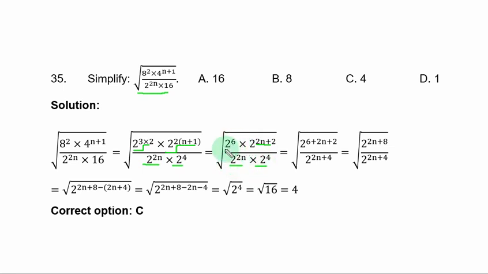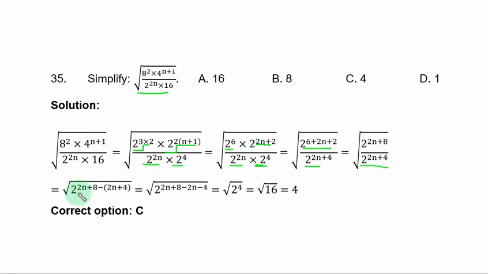This remains the same, and you have 2 power 4. Actually, you can reduce this term and this term, but let's follow one way out by applying the law of multiplication. So you have to add the powers since the bases are the same. If you add the powers, you have this result. From here, the bases are also the same. You can apply division law, which implies subtraction of the powers.